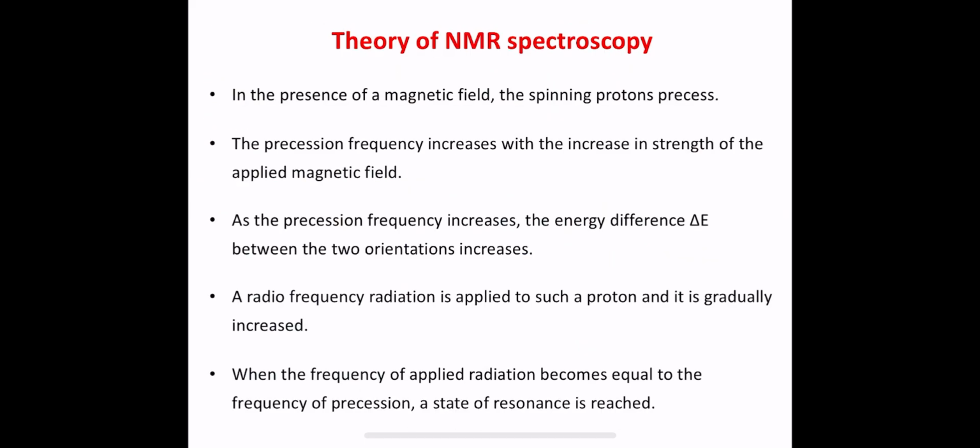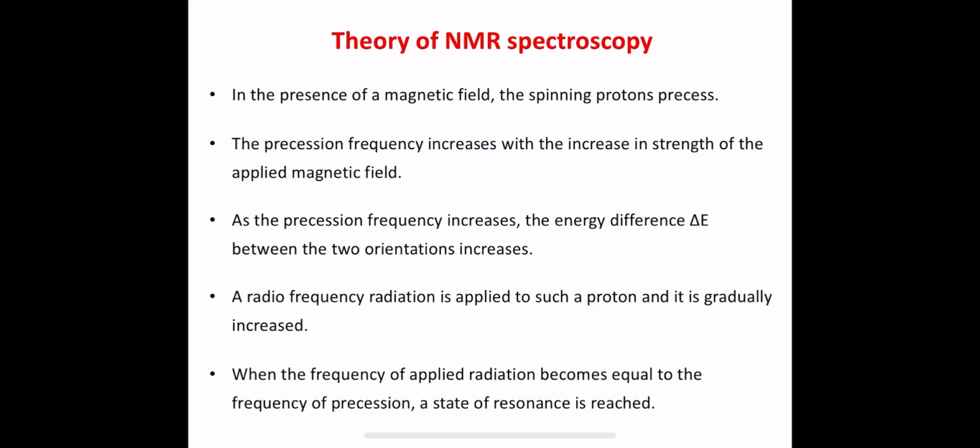One is the parallel orientation, which is due to lower energy. That means the nucleus will start moving along with the external magnetic field; it will not feel any opposition because it is moving with the flow of the external magnetic field.